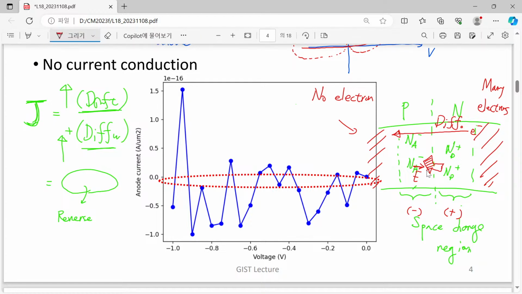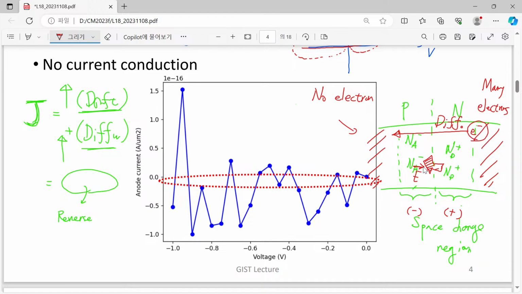From the viewpoint of our electron, there will also be a strong tendency to push our electron to the right-hand side. This is called drift.